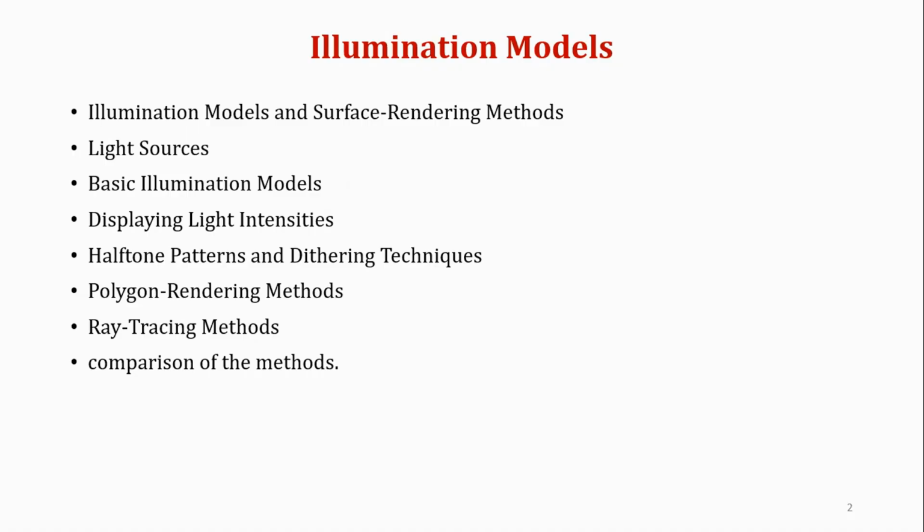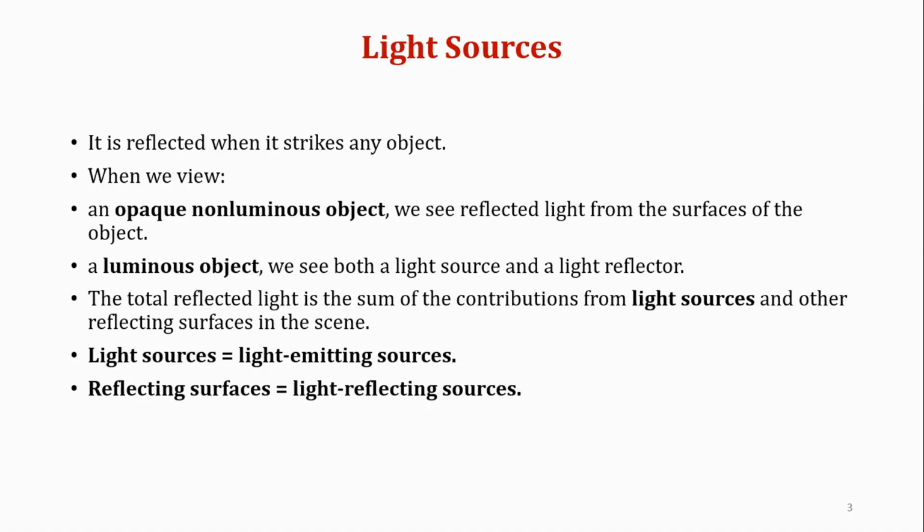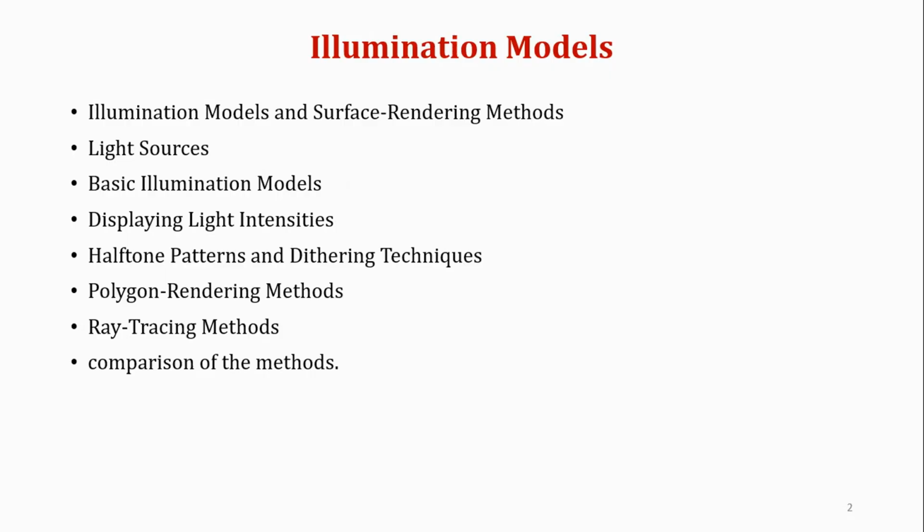So coming to the illumination models. Illumination models describe how the light interacts with the object surface. The purpose is to calculate the intensity of light that reaches the viewer from every visible point on the surface.